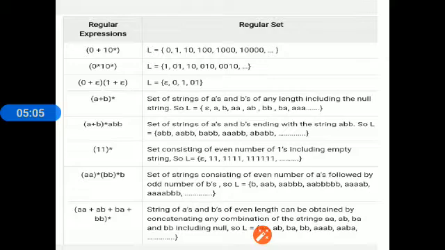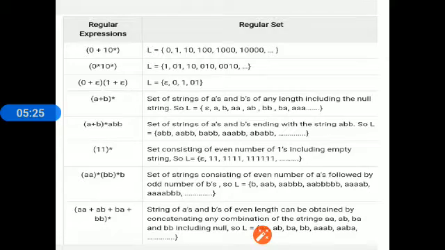The next expression is a plus b star a b b. It is very similar to the previous one, just a b b is added. So, this regular expression produces strings containing a's and b's, but ending with a b b.